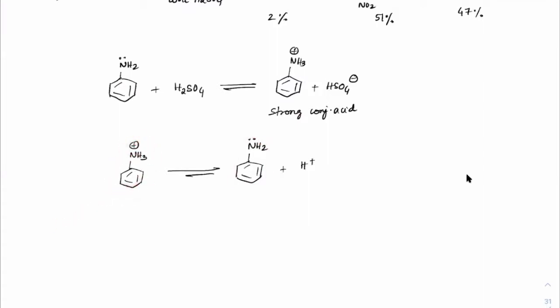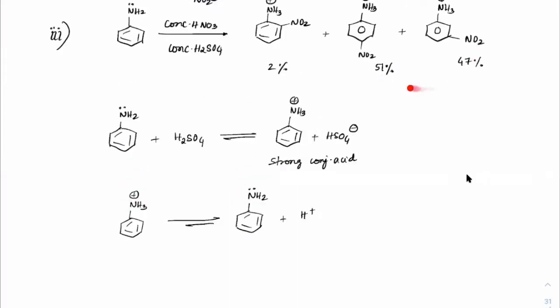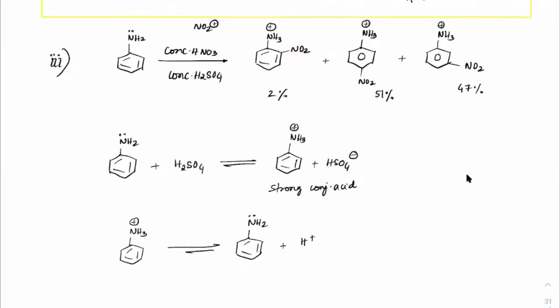NH3 plus will drive towards meta position. NH2 will drive towards ortho and para position. That's why there is a significant amount of para and meta coming. Why is ortho not coming much? One, NH3 plus is present, right? Then this ortho position would be much closer to NH3 plus and it strongly gives minus A effect.